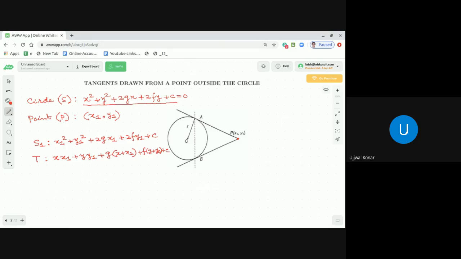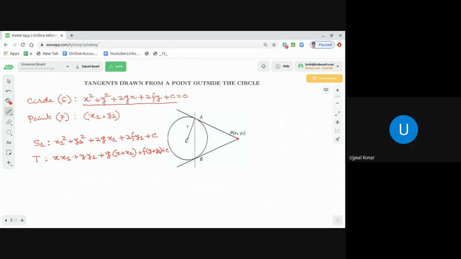As it looks, it is the expression related to the equation of the tangent to the given circle at the point x1, y1. But that is a very hypothetical statement, because it is impossible to find the equation of the tangent at x1, y1 to the circle, because the point is outside the circle.